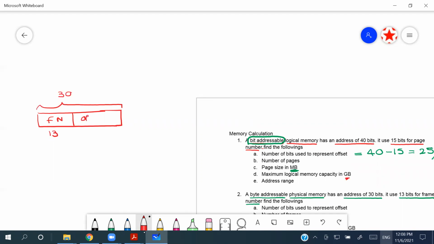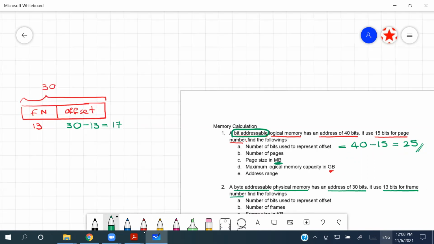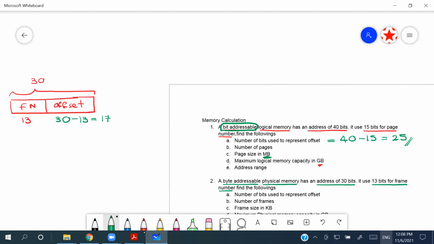And the offset we can easily calculate: 30 minus 13 is equal to 17. So the very first answer they are asking is the number of bits used to represent the offset. 30 minus 13 will give you 17. That means we can have 17 ones and zeros inside this.